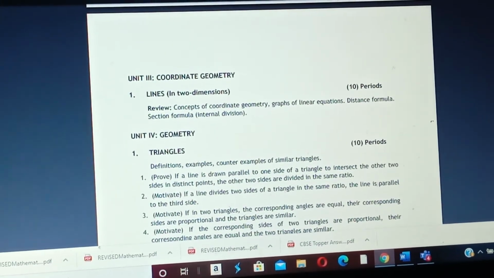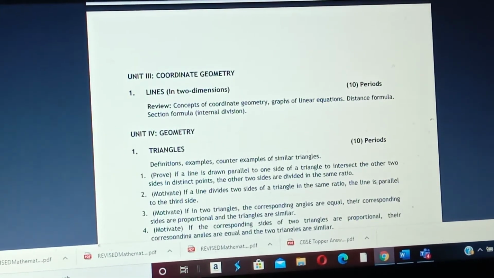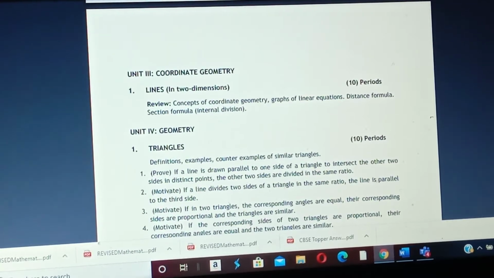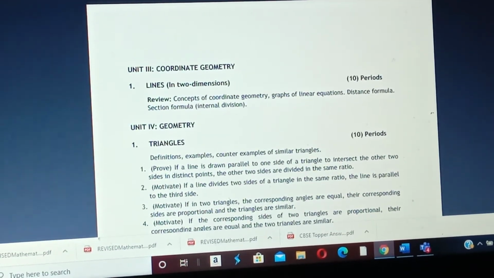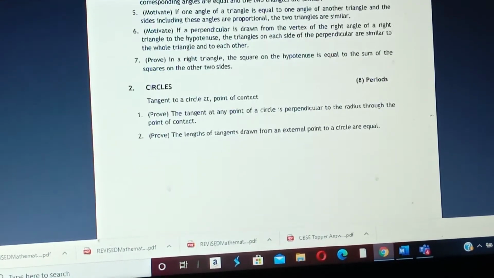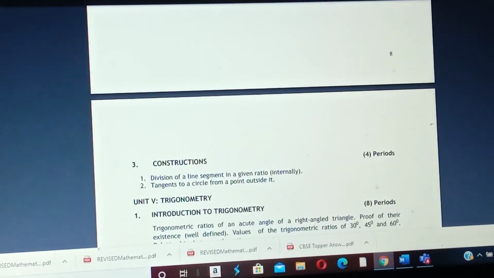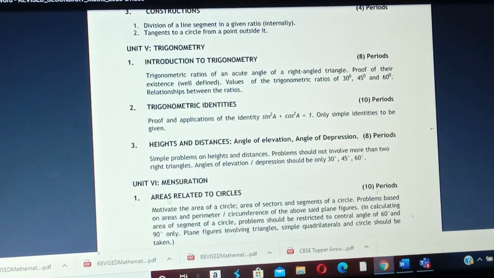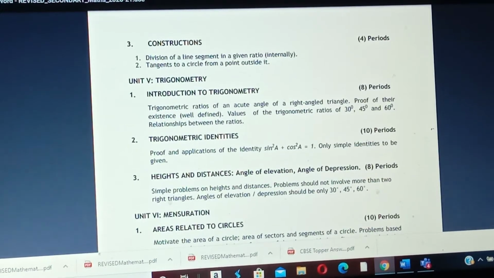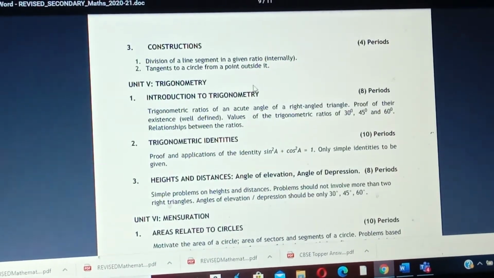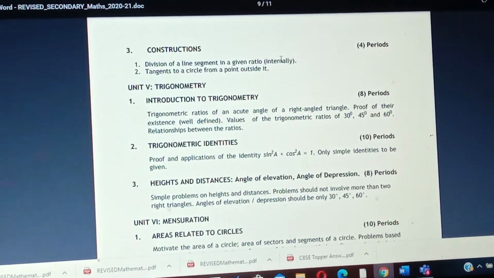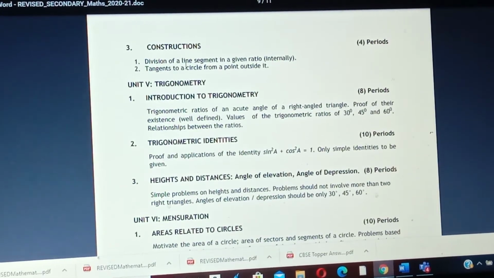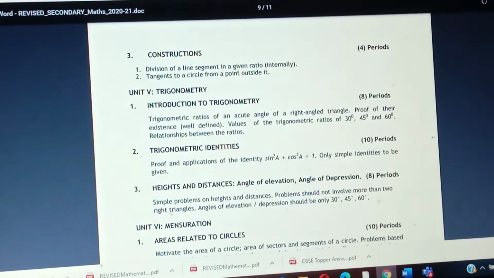Now circles chapter, nothing much is there, so nothing has been removed from that chapter. It remains the same. Circles, no changes, it is the same as earlier. Constructions chapter, which was very easy because in grade 9th we have already studied division of a line segment in a given ratio.